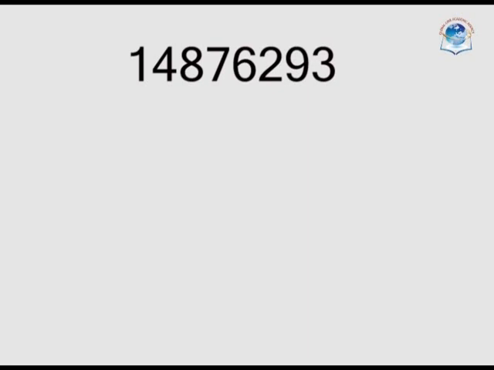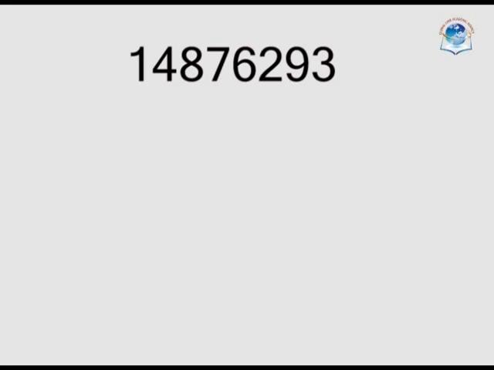To round off a number, we go to the place value we want. Check the digit that is next to it on the right. If it is 5 or more, add 1 to the place value digit and replace all the other digits to the right with zeros. If on the other hand it is less than 5, we retain our place value digit and replace all the digits to the right with zeros.